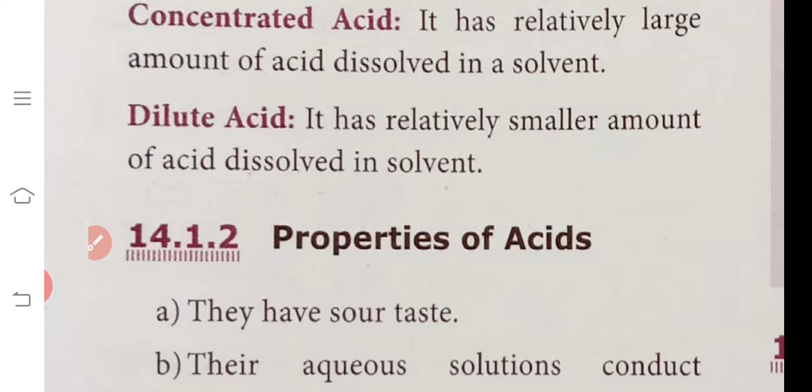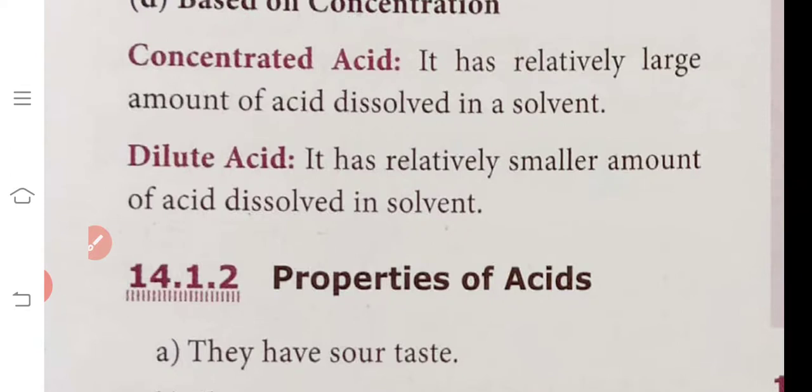For example, water is a solvent. A large amount of acid dissolved in a small amount of water is called concentrated acid. A large amount of acid dissolved in a large amount of water, that is solvent, is called dilute acid.